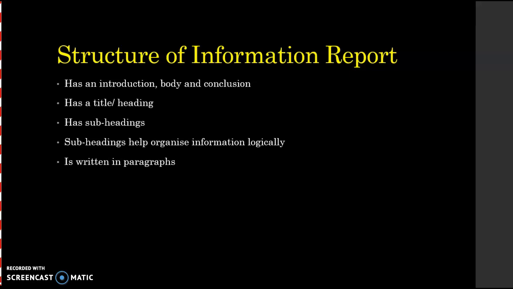So information reports have an introduction, a body, and a conclusion. They have a title. They have subheadings under the titles. So you'll have an introduction, maybe 3 or 4, maybe 5 subheadings, and then a conclusion.